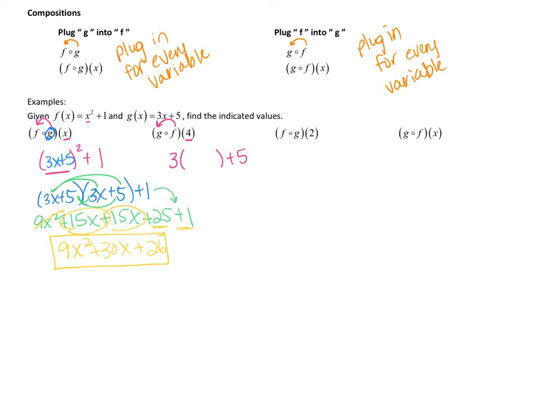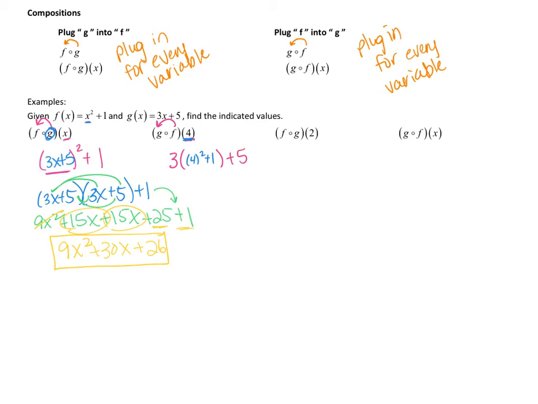Okay. Now what I need to do is plug in f, but I need to use the number 4 to do that. Okay, so now I'm going to say 4 squared plus 1. Right, do we see what we did there?